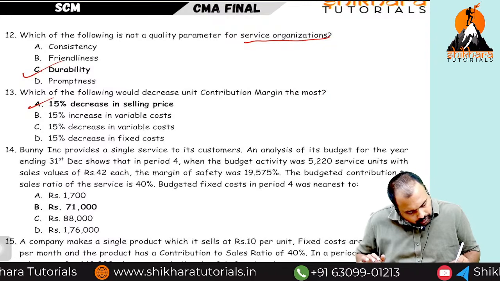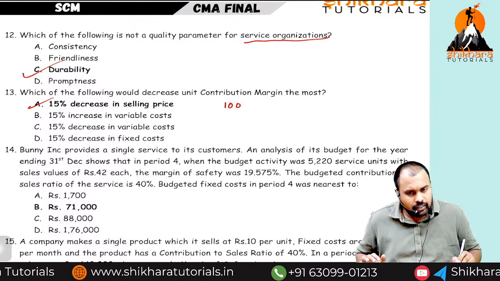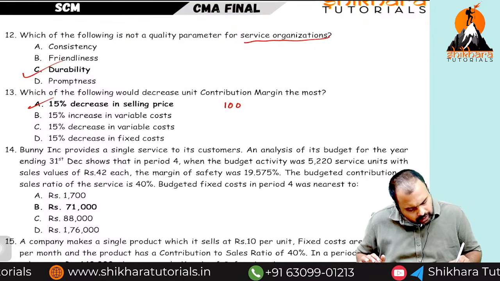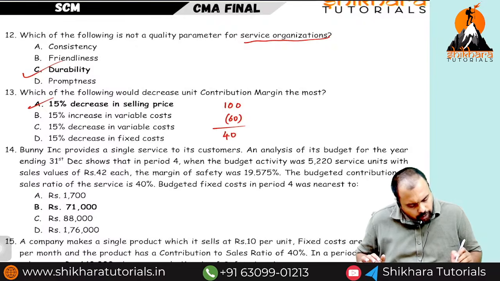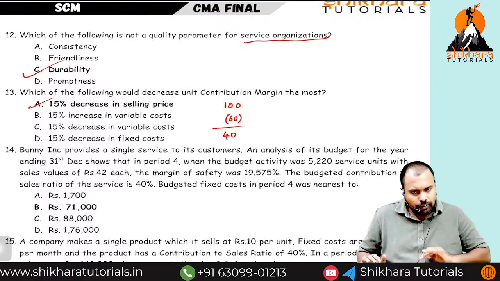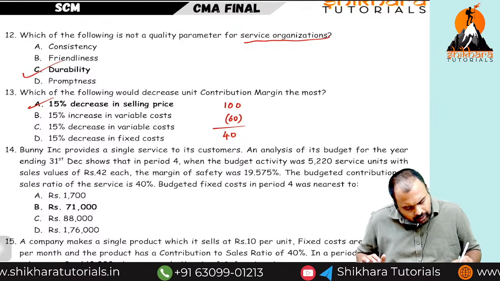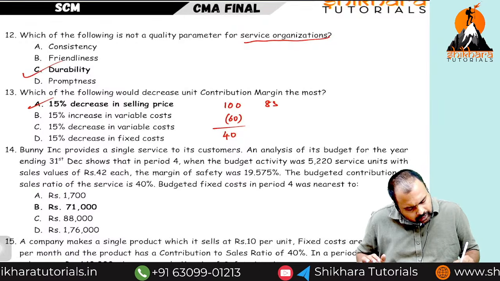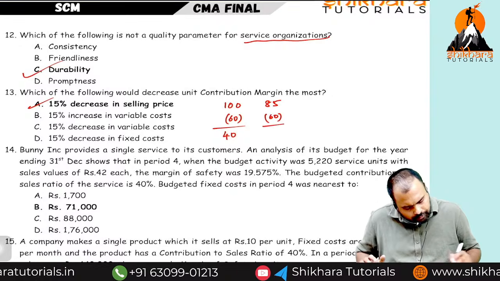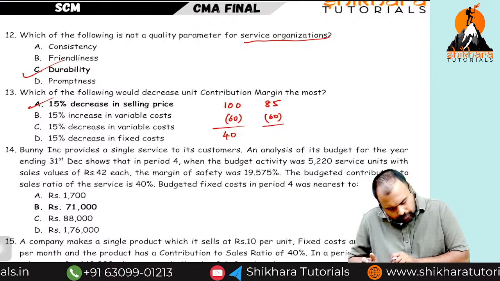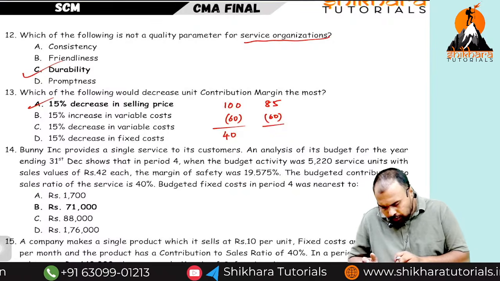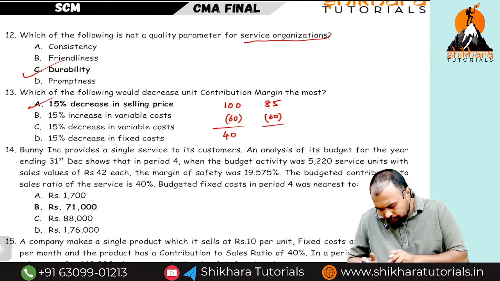Sir, if there is 100 rupees of selling price, let us assume 60% is the variable cost and contribution is 40 as of now. If selling price decreases by 15%, then it is 85, variable cost 60, then 25 divided by 85.